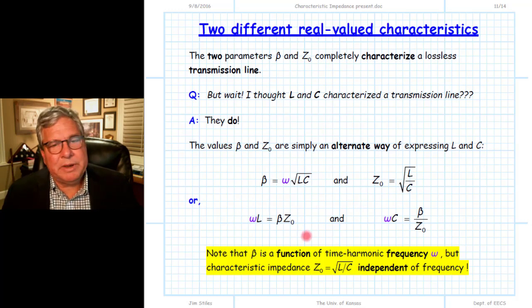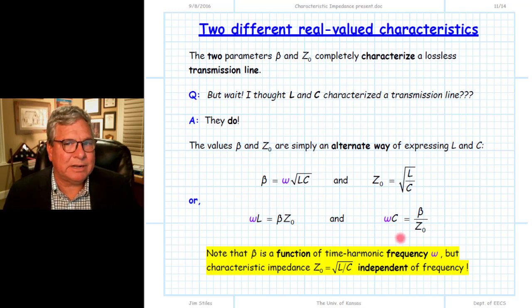If we look closer, we can do a little algebra and find that there's an interesting relationship. If we take the product of beta and Z0, we get omega L. And omega L, of course, is the magnitude of the series impedance for a transmission line. Since it's lossless, our series impedance is purely reactive, j omega L. The ratio of beta to Z0 gives us the value of omega C, which is the magnitude of our shunt admittance.